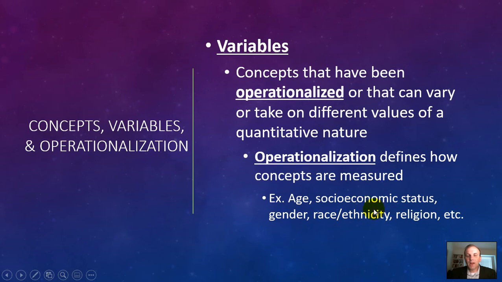So socioeconomic status, what is low? What is middle class? What is high class, right? Or upper class, I guess. What is lower class? It can mean a lot of things to anybody, right? It could be when you didn't take home $15,000 last year, or you didn't get 10,000, or you didn't make 50,000.